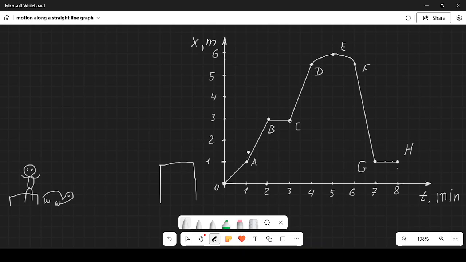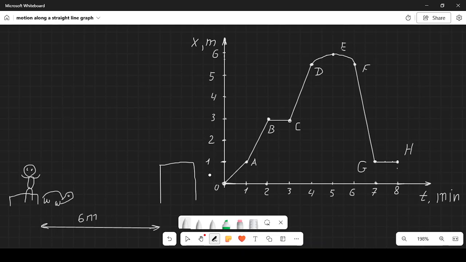But let's say we have this graph describing the movement of the turtle. The distance between this training place and our bench is 6 meters. So 6 meters is the maximum range which our turtle reached.